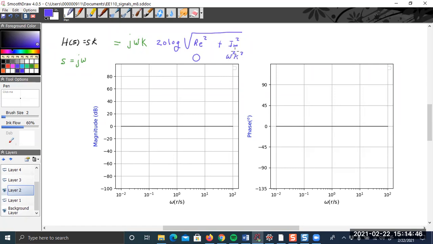We don't include the J because the imaginary part just strips out the part that's scaled by J. And this gives us 20 log omega K, which we can also put as 20 log K plus 20 log omega.